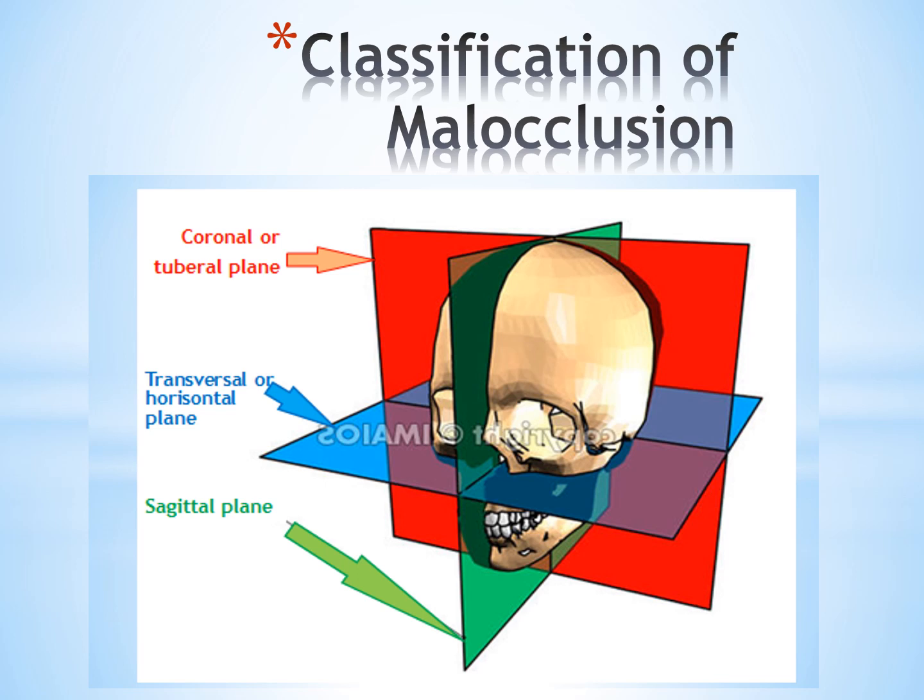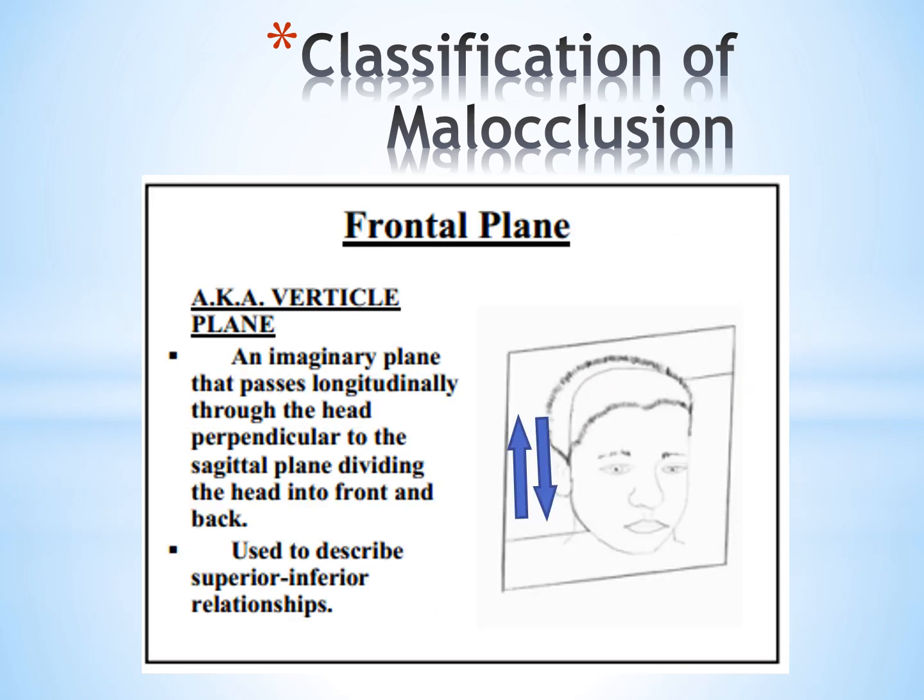The next plane, coronal or frontal, passes longitudinally through the head, perpendicular to the sagittal plane, dividing the head into front and back, and is used to describe superior-inferior relationships.